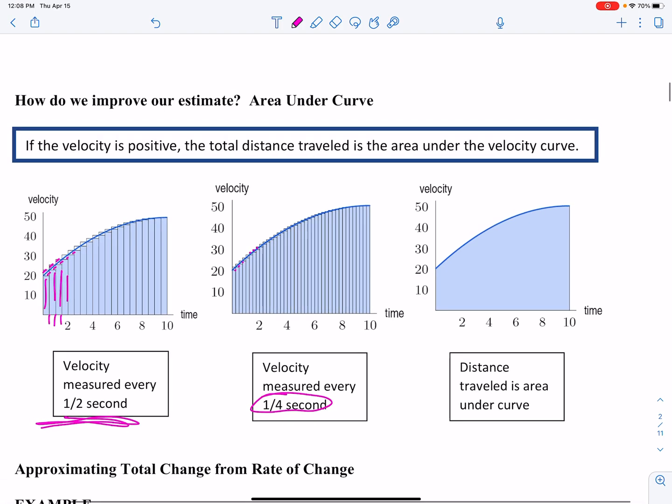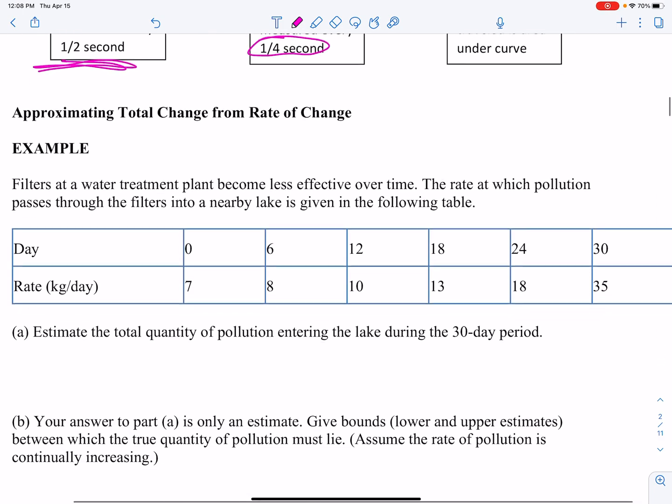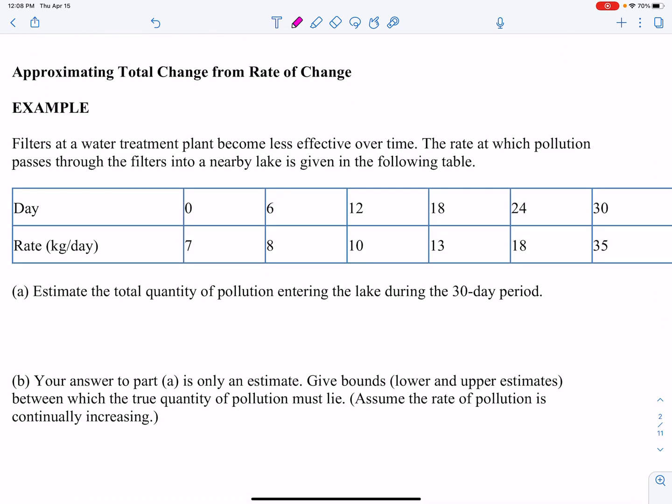All right, so approximating total change from rate of change. Here's an example. So filters at a water treatment plant become less effective over time.